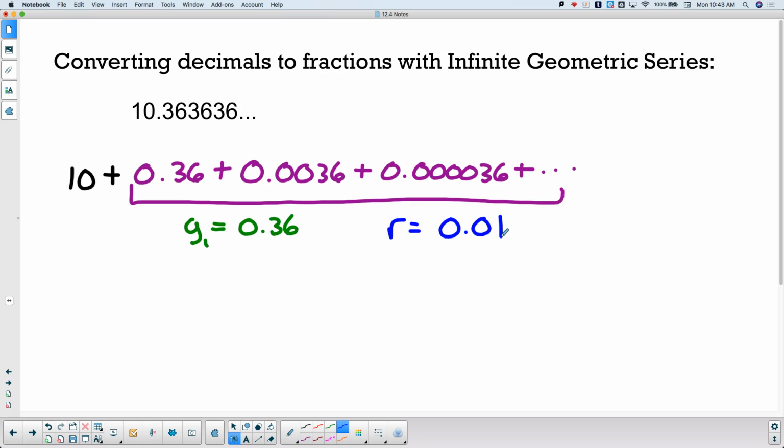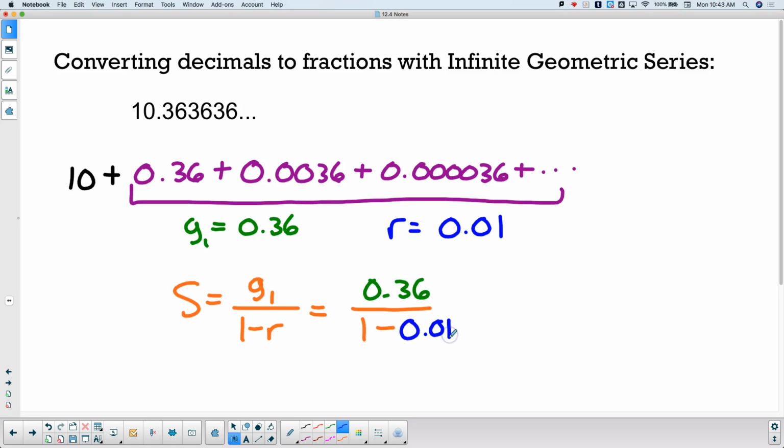I need 2 decimals in my R. So now I can go to the sum, which is G sub 1 divided by 1 minus R, which is 0.36 over 1 minus 0.01. That gives me 0.36 over 0.99, which gives me 36 over 99.